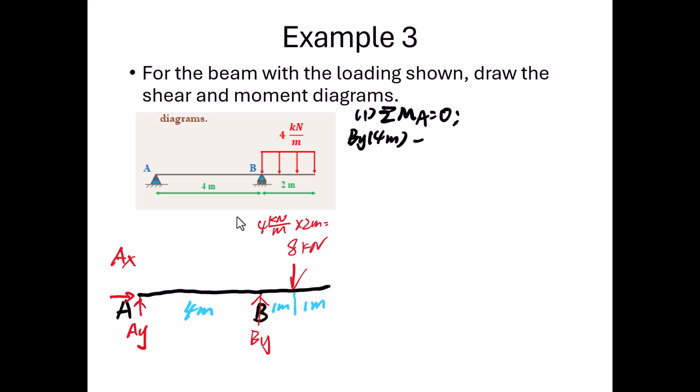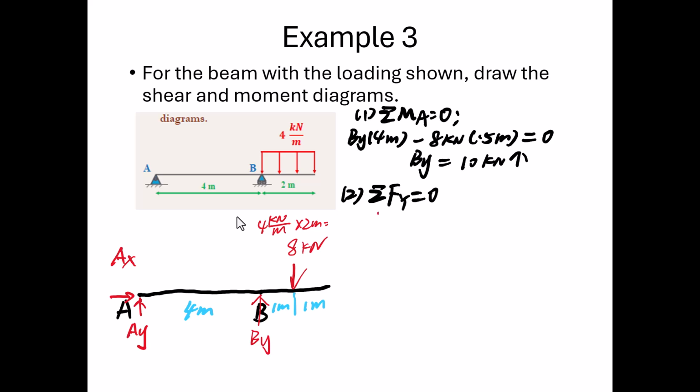And also sum of Fy equals 0, which means AY plus 10 kilonewton minus 8 kilonewton equals 0. AY is -2 kilonewton, which is downward. And sum of Fx equals 0, so AX is just 0.